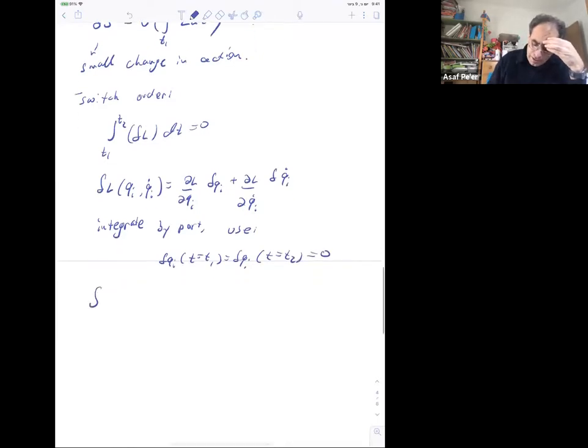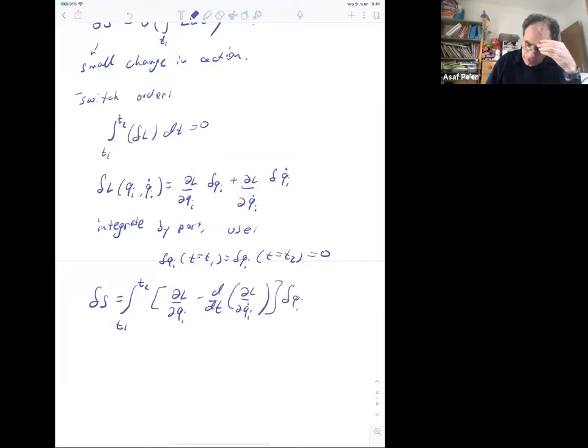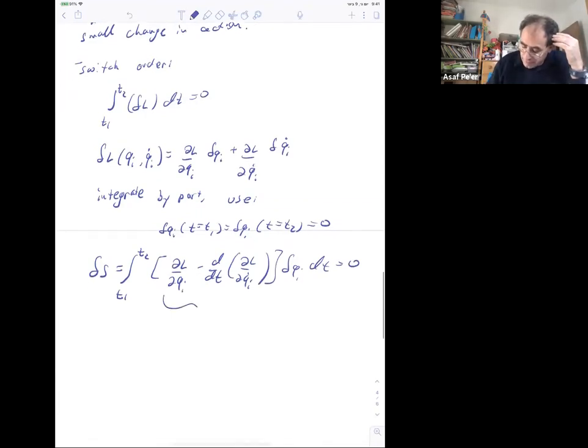Then automatically you get delta S is the integral from t1 to t2 of the partial of L with respect to q_i, minus d over dt of the partial of L with respect to q dot i, times delta q_i dt, is equal to 0. Right? So using that, automatically you get the Euler-Lagrange equation. Right? This is equal to 0.